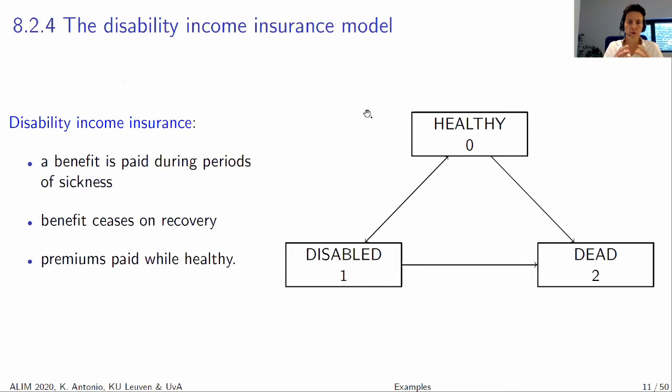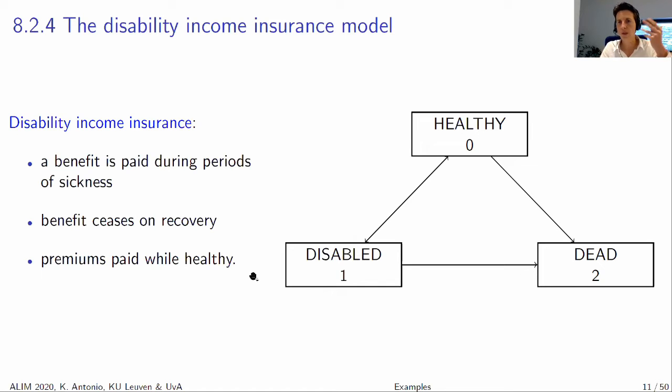Then the next step will be the disability income insurance model. I removed the term permanent here because now I'm going to allow for transitions from 0 to 1, but also from 1 to 0, right? This is a more natural setting, of course, but mathematically it will also be a more complex model to work with. So here we have the transition up and back between the healthy state and the state of disability.